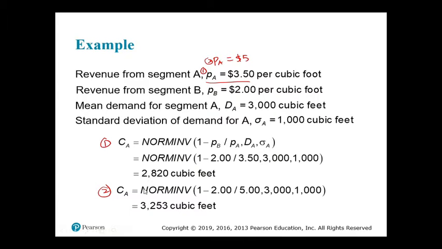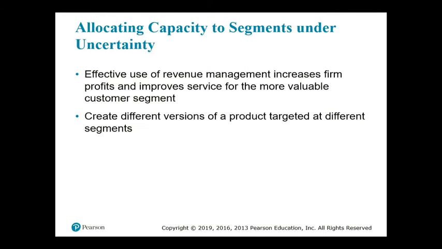Then we can see we want to reserve even more capacity for the higher value customer segment. So we can see that with revenue management, we're able to reserve capacity for higher value segment customers and therefore improve their service level.